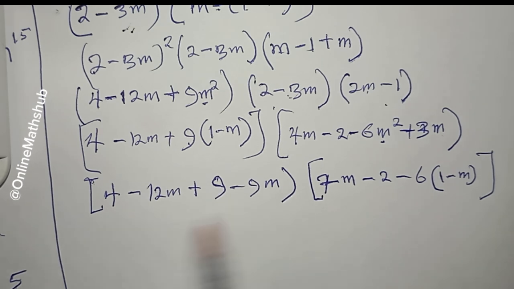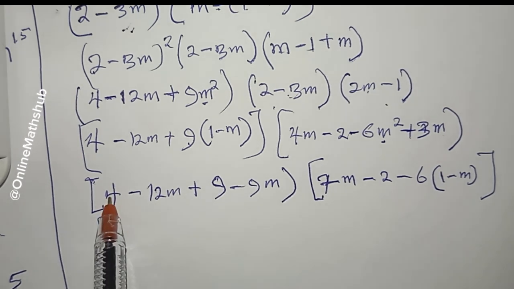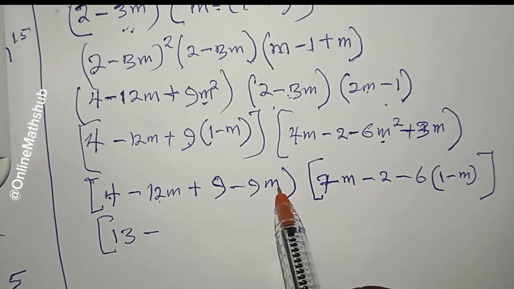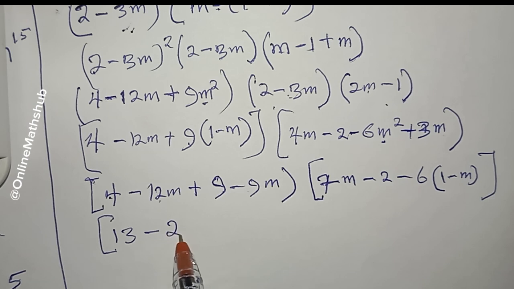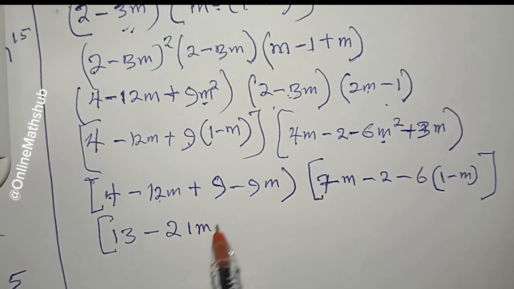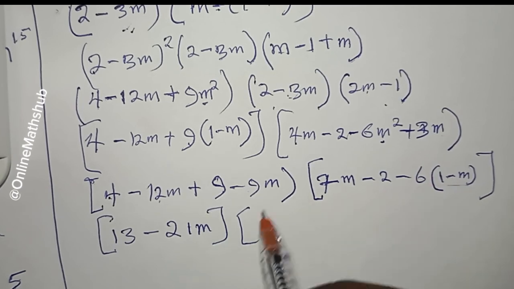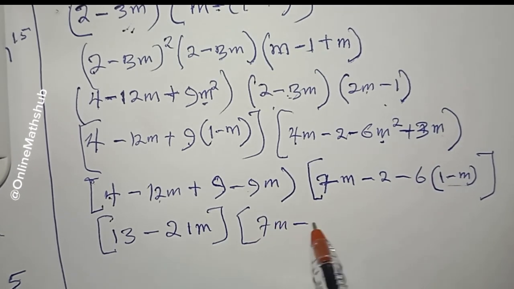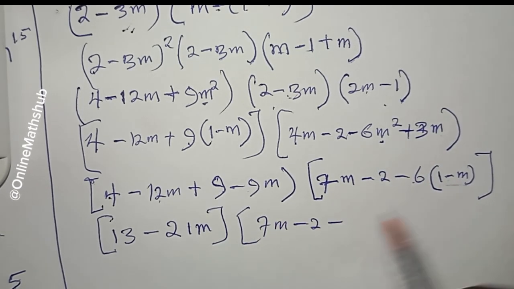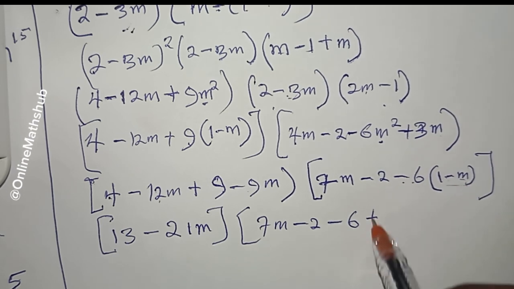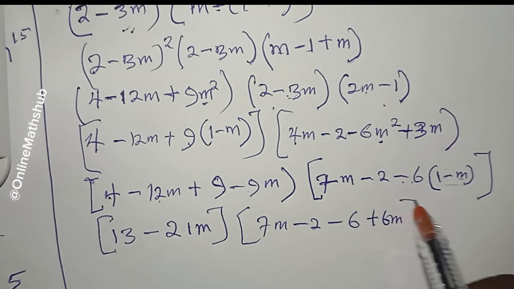Okay, if I sum this stuff I have right here, what I'm going to be having is 4 plus 9 here is 13 minus 12m minus 9m, that's going to be giving us minus 21m. Okay, and then on this side, if I'm going to open this bracket, so I have 7m minus 2 minus 6 times 1 here is 6, and then minus 6 times minus m will give us positive 6m.